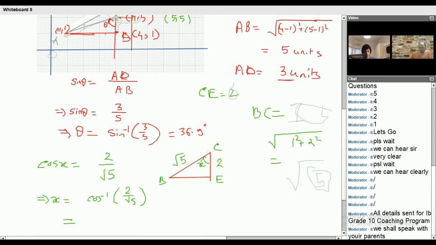Cos inverse of 2 over root 5 is coming as 26 point something. Yes, so that's why 26.6 degree. Okay.